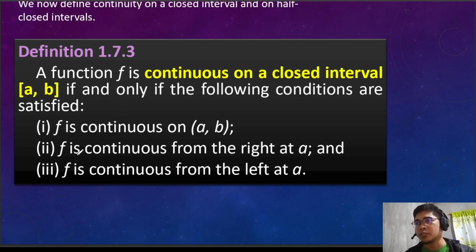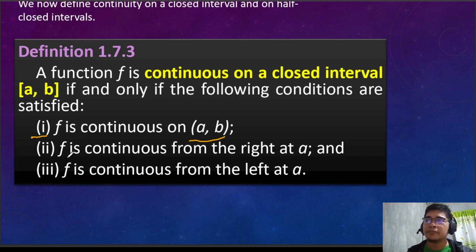So we have three conditions sa closed interval. Una, f is continuous on a open interval A and B. So dapat okay siya sa open interval and A and B. Pag dili okay, so automatic, dili na siya continuous on closed interval.